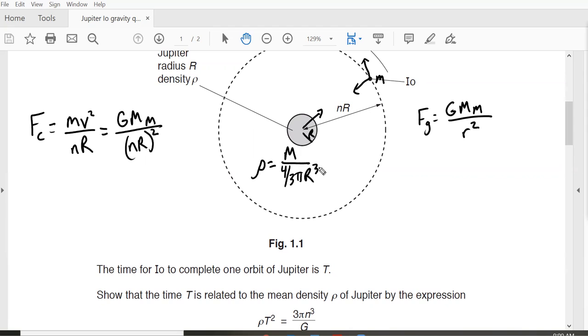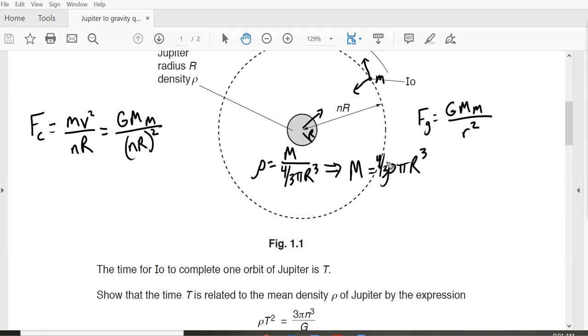That's nr. So we're going to express the mass in terms of this. Let's rewrite this slightly. The mass of planet Jupiter, capital M, I'm multiplying both sides by this denominator. So it's going to be equal to rho, then multiplied by, let's put the 4/3 out here, 4/3 pi r cubed. So that's what capital M is.